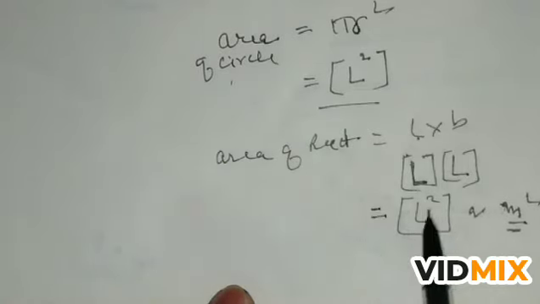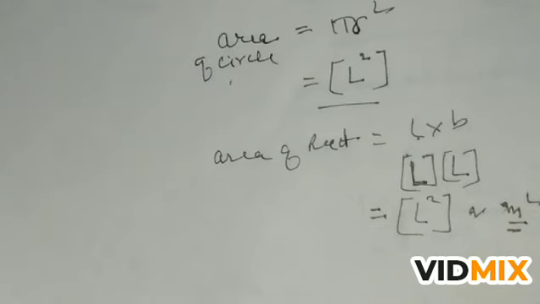L has 2 dimension. Like this you can find so many dimensions of the physical quantities. It will be in your book, and I will show you how you can write the dimension of the physical quantities.